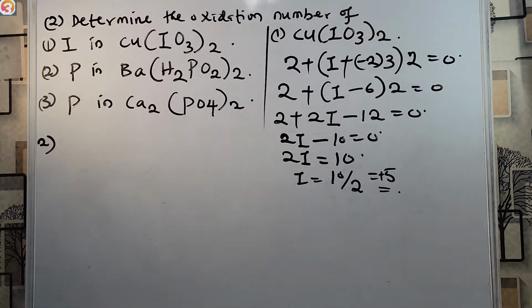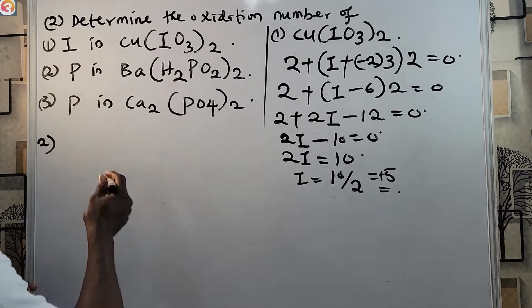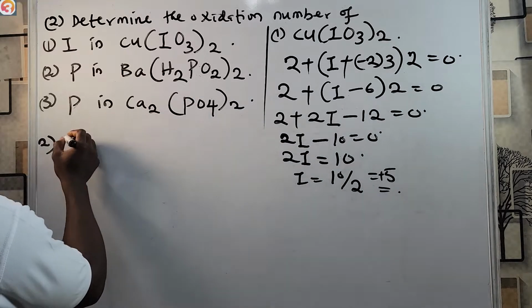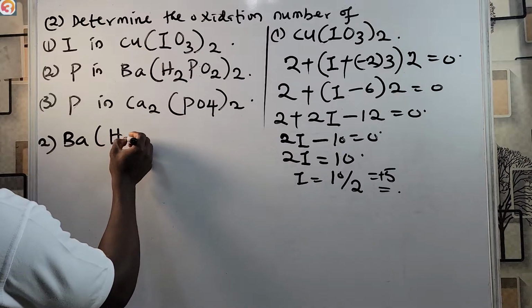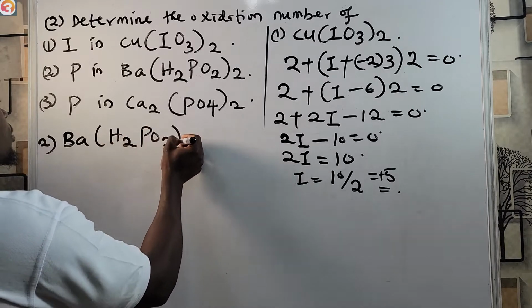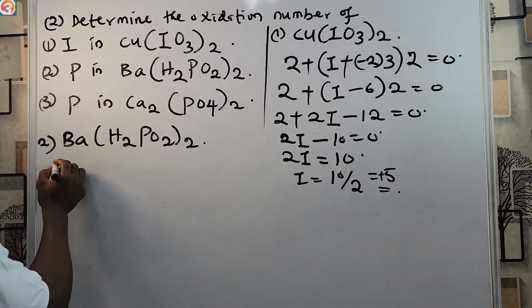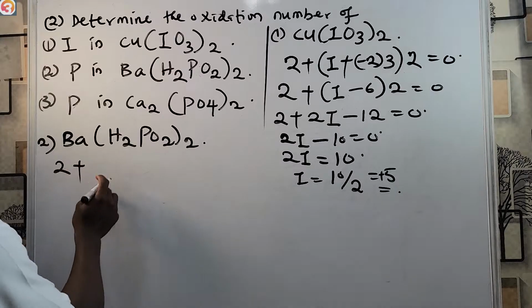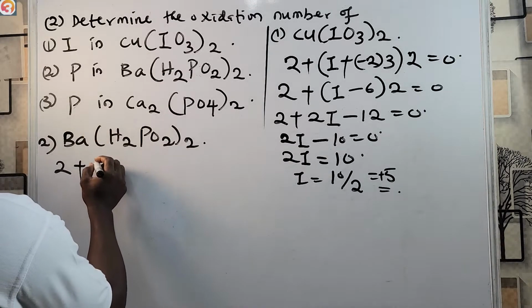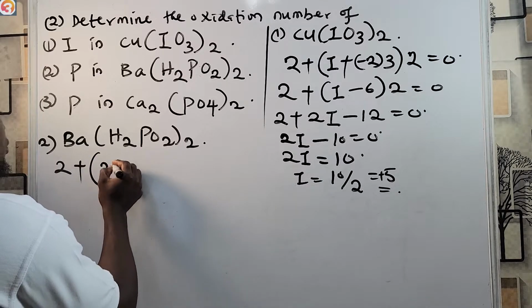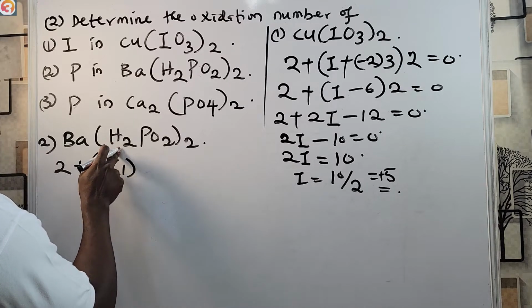Now having P in barium. So barium is a group 2 element, so we're going to have Ba, H2PO2 whole 2. So Ba is 2 already, then plus. Oxidation number of hydrogen here is plus 1. So you open your bracket. I'm going to have 2 into 1 because there are 2 atoms of hydrogen here.